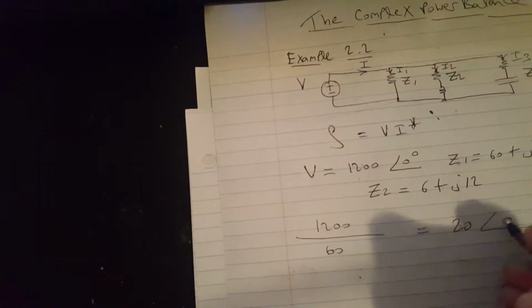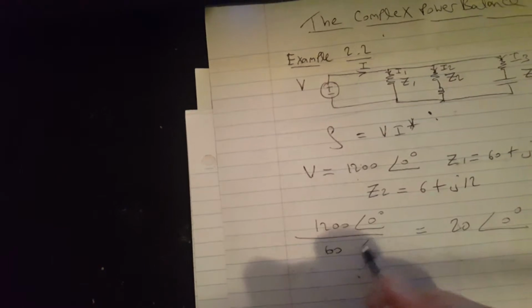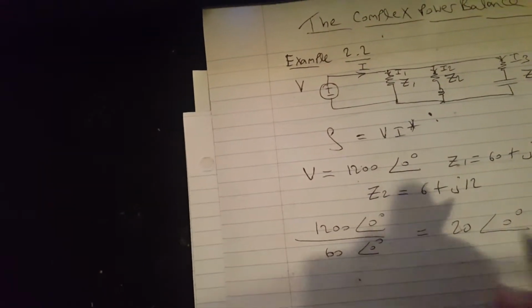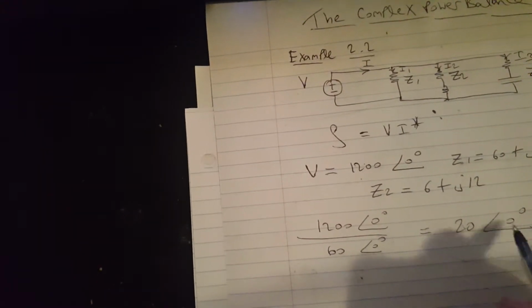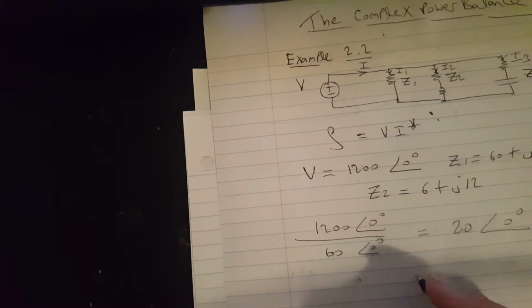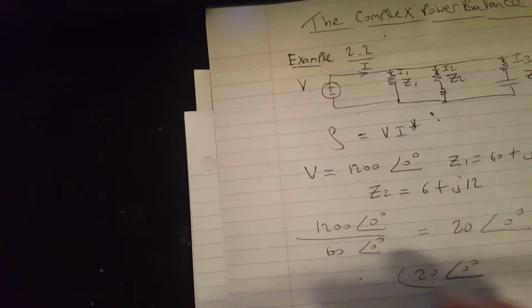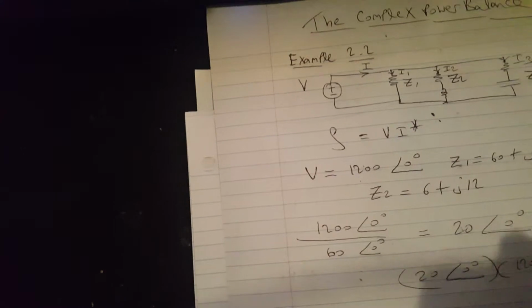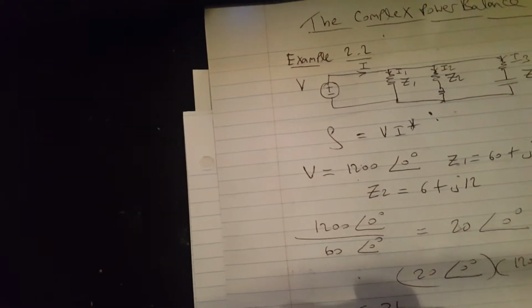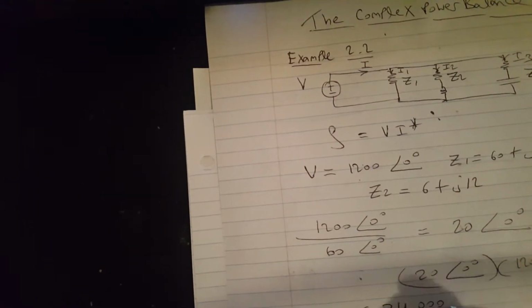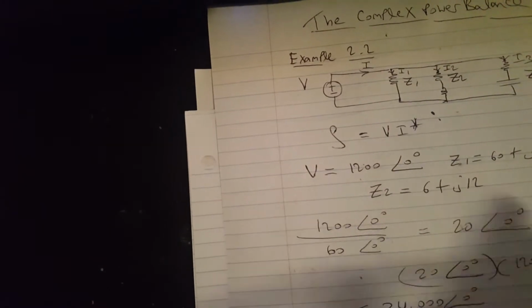And what's the angle? 0, right? Because the angle of this is 0 and the angle of this is 0. What is the conjugate of this? It's minus 0. Minus 0 is just 0. So you just do 20 with an angle of 0 multiplied by the voltage 1200, and you should get 24,000, and with an angle of 0, it just means it's going to be 24,000. It's purely real, which means watts.